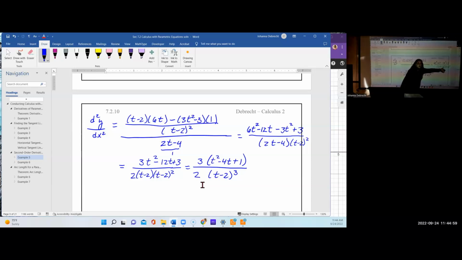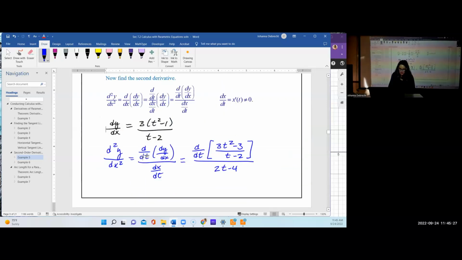Now we can factor the 2 out there, and that's going to give us another t minus 2, which becomes 2 times t minus 2 quantity cubed. And then after we simplify the numerator, we get 3t squared minus 12t plus 3. You can factor out a 3. It's not going to cancel with the denominator, so I don't know that it's really necessary to do. It doesn't really simplify it a lot, but it may simplify if you have to plug in values for t.